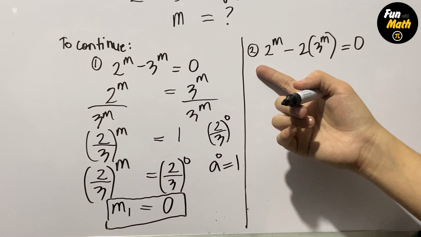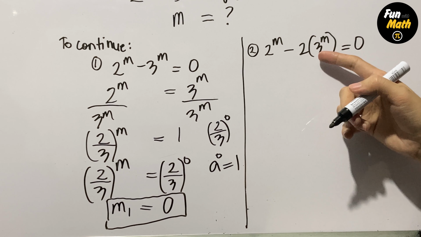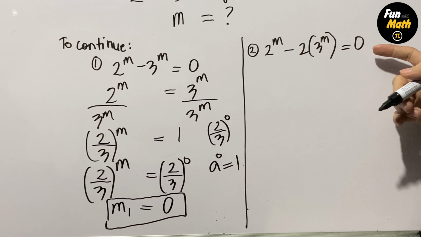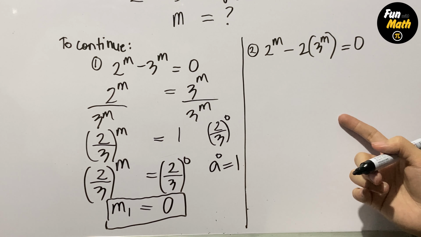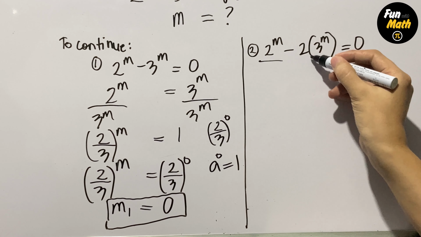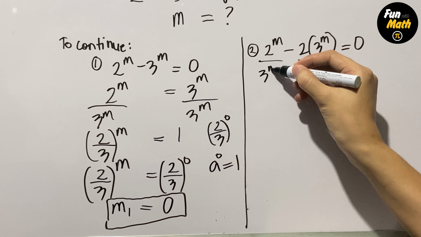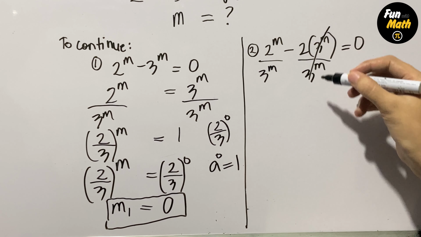Next, for the second equation, we have 2 to the power of m minus 2 times 3 to the power of m is equal to 0. For this, we can divide both sides by 3 to the power of m. This will be cancelled.